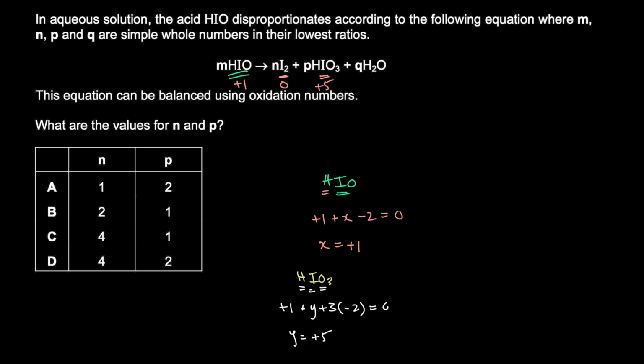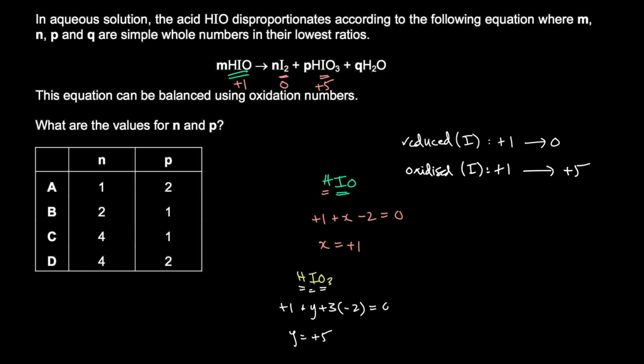So again, if you think about the disproportionation here, some of the iodine atoms are being reduced from plus 1 to 0. And some of the iodine atoms are being oxidized from plus 1 to plus 5.